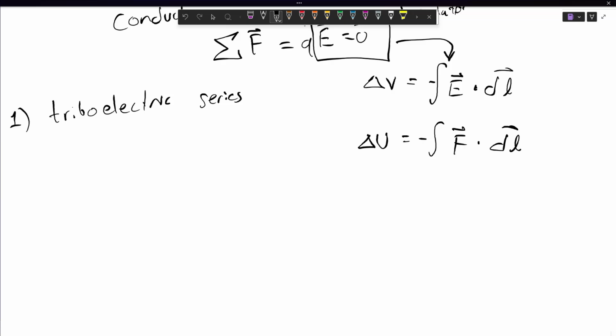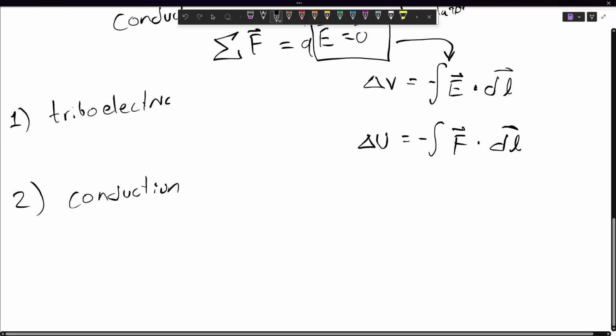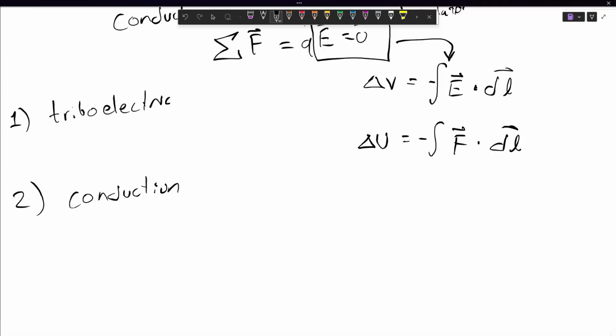All right. Our second method of charging is going to be called charging by conduction. Charging by conduction is basically this idea that, because of this property of conductors, if they have some amount of charge on them, it's able to freely flow until it reaches a new electrostatic equilibrium.